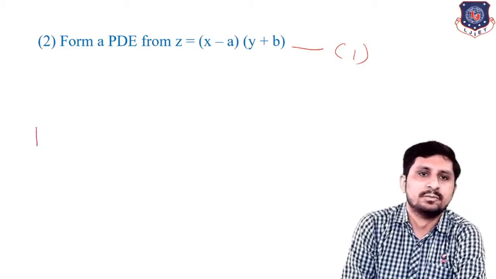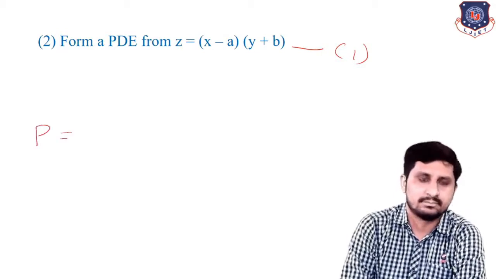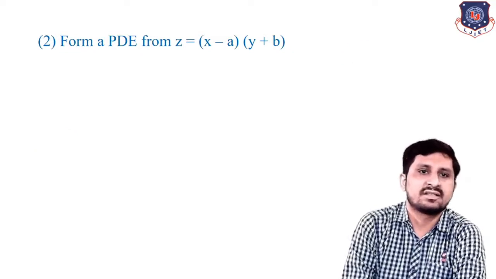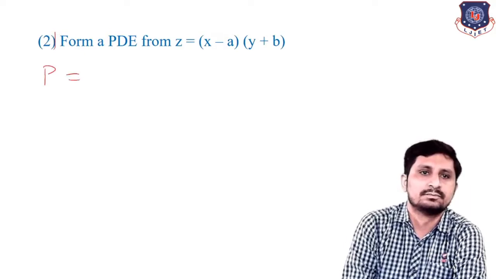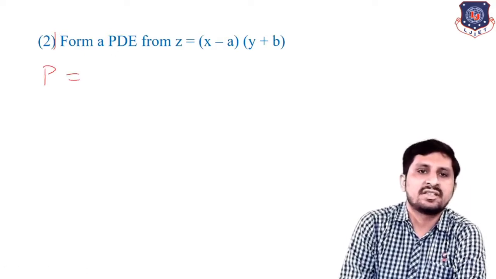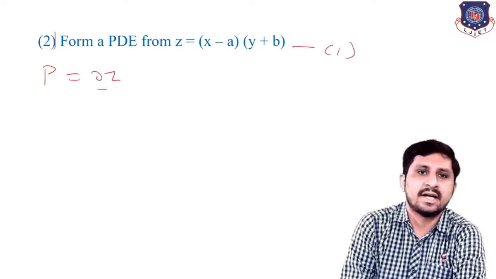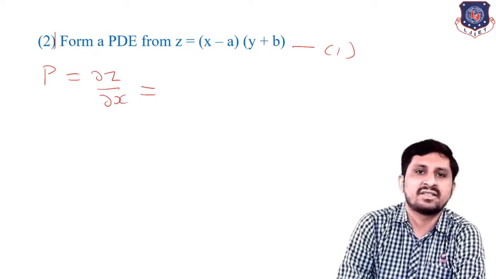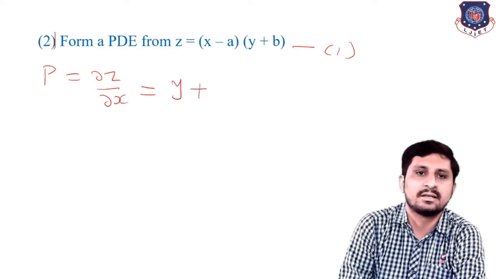So P is equal to the differentiation of equation 1. What is P? P is nothing but del Z by del X. So when we are taking differentiation of equation 1 with respect to X, P is nothing but Y plus B, because differentiation of X minus A with respect to X is 1.